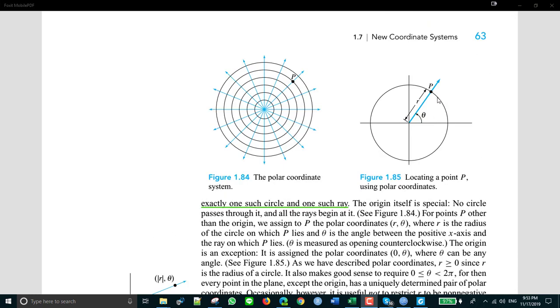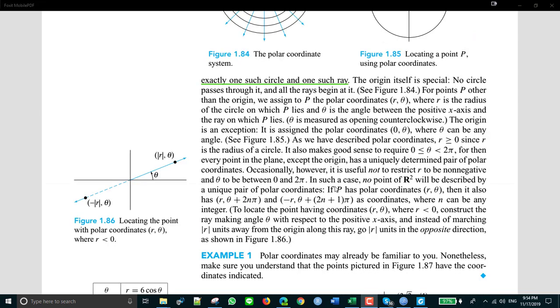So I could say this is 45 degrees, and the coordinates are r comma theta, but it's also r comma theta plus 2 pi and theta plus 4 pi. We'd have many different sets of coordinates for that one point. We don't want that, so we're going to always insist that theta be between 0 and 2 pi.